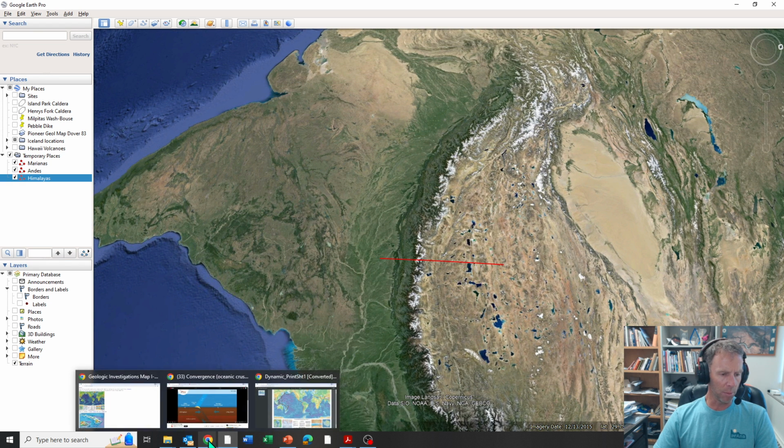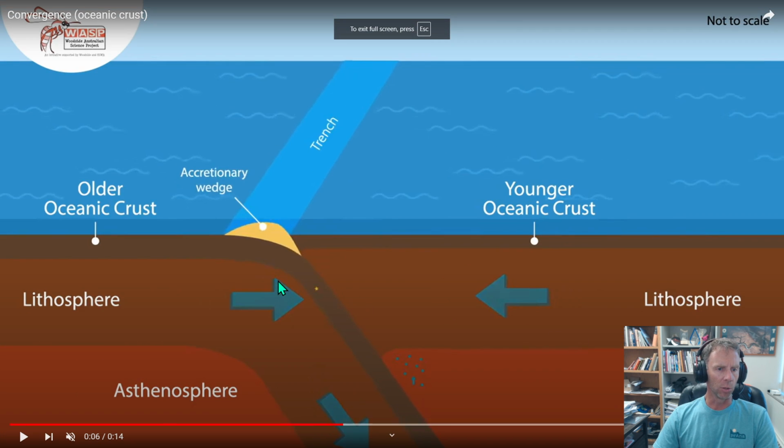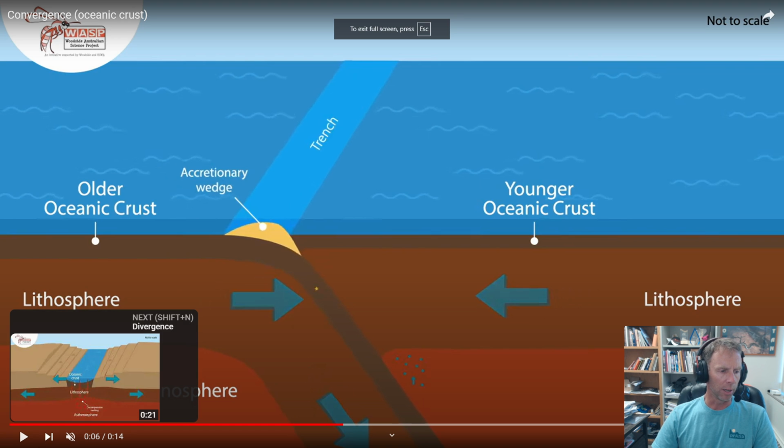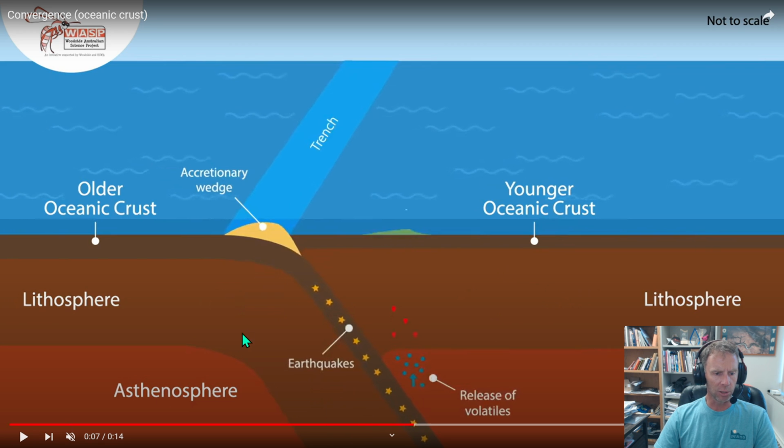And I'm just now remembering that I totally forgot to show you the animations that might help with these as well. So let's start with the ocean-ocean collision. And so here is the older ocean crust diving down to the right beneath the younger ocean crust. And so as we've learned here with the PowerPoints, that generates earthquakes.